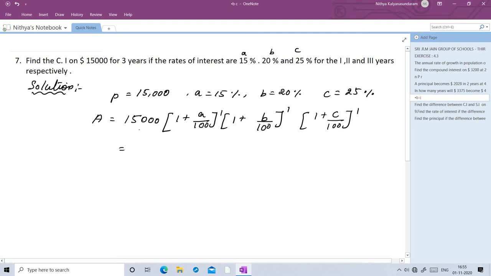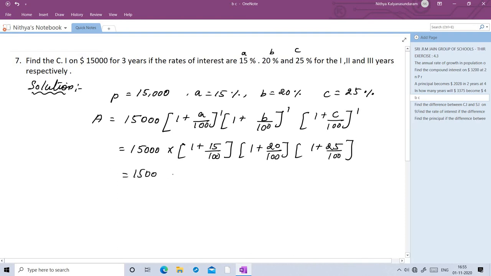For 3 years, the powers are 1, 1, 1. So 15,000 into 1 plus A is 15 by 100, then B is 20 by 100, then C is 25 by 100. 15,000 into (100 plus 15 is 115 by 100), (100 plus 20 is 120 by 100), (100 plus 25 is 125 by 100).